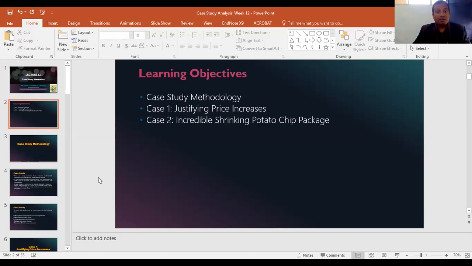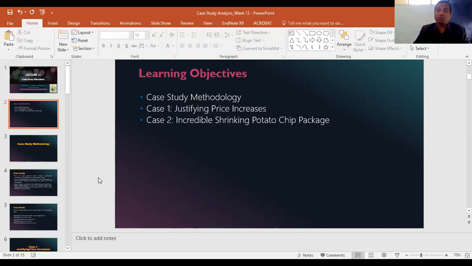Somehow in both the cases you will see some ethical dilemma. We'll talk about what is right and what is wrong, and try to see from the lens of ethics. Lots of marketing activities are subject to ethical consideration, especially setting prices, reducing prices, or dumping.